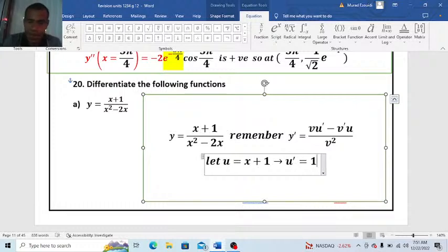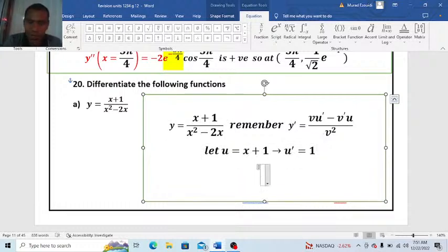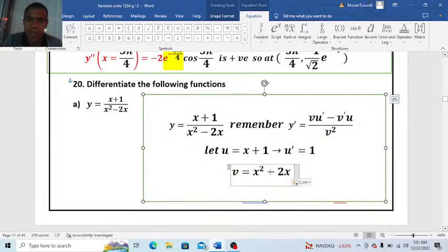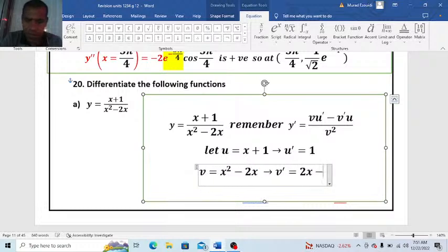Then I will suppose that v equals x squared minus 2x. Therefore v dash, the first derivative of v, is equal to 2x minus 2.